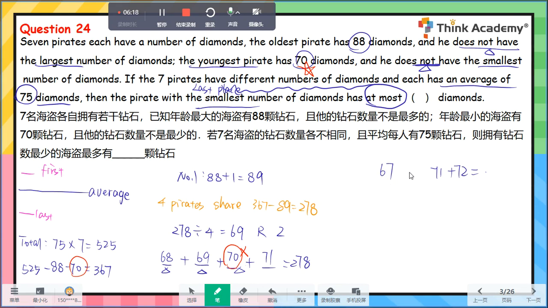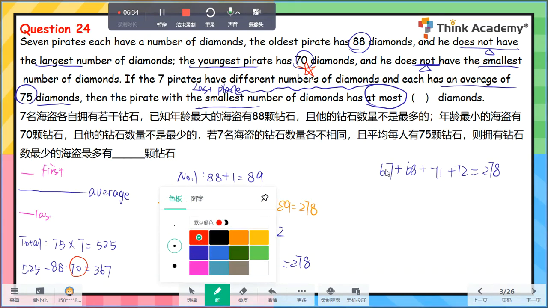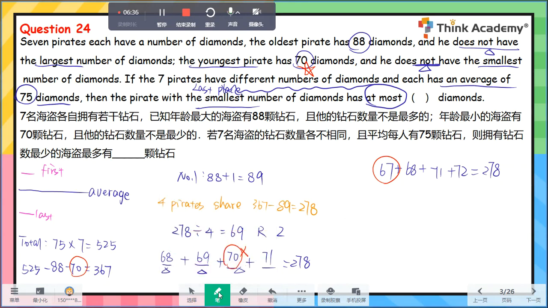Then it becomes 67 plus 68 plus 71 plus 72, which makes 278. Without having 70, we can also ensure the last place will get as many as possible. Then we have already solved it. The pirate with the smallest number, who should be the last place, has 67 diamonds at most.